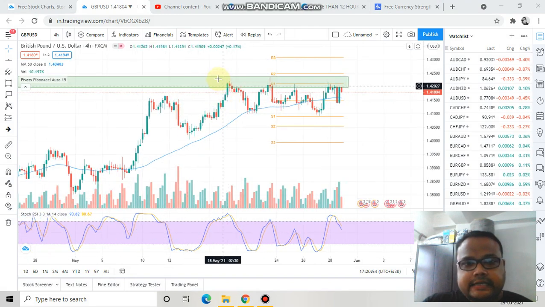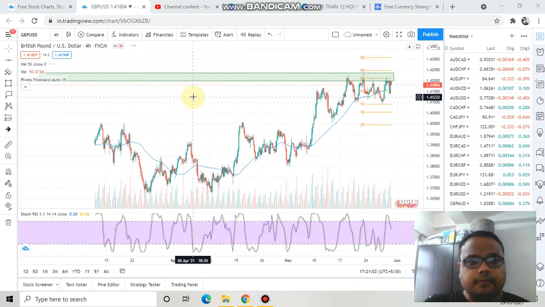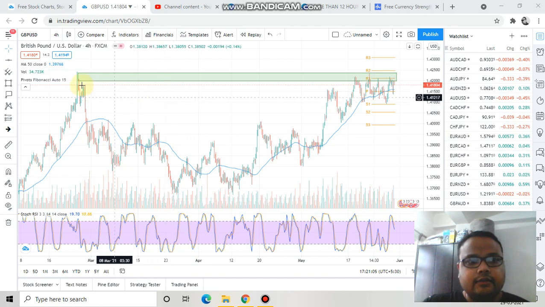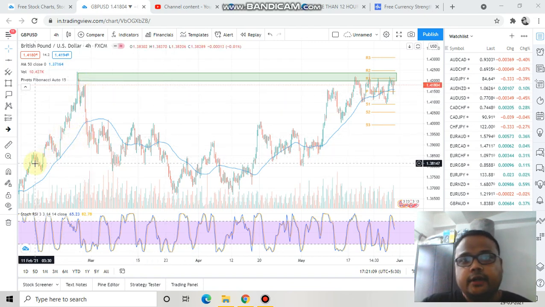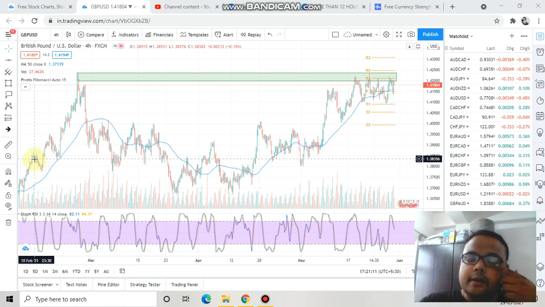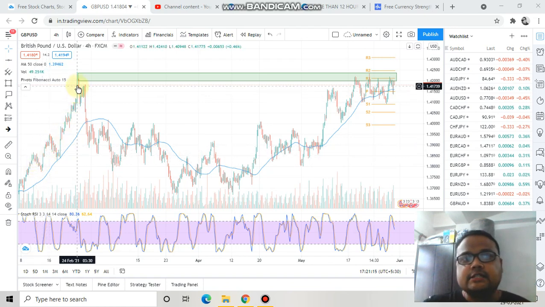And if you can see this particular green level, this is the resistance level for the market. If I zoom out the chart, you can easily see that in the second week of February, when the market was very bullish, the market went up, it faced resistance, and after that there was a heavy sell off and the market came down.